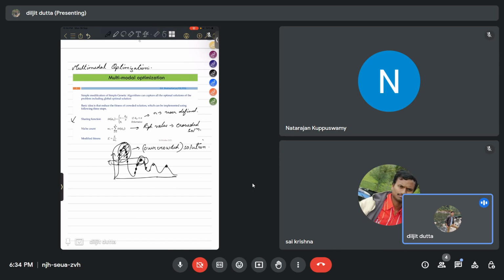What we will do is find the distance between the different solutions, and based on this distance between the solutions, we define a function called the sharing function. This is defined as 1 minus dij by sigma. Now sigma is defined manually based on our problem, what type of problem we are solving, and what the range of the function is.